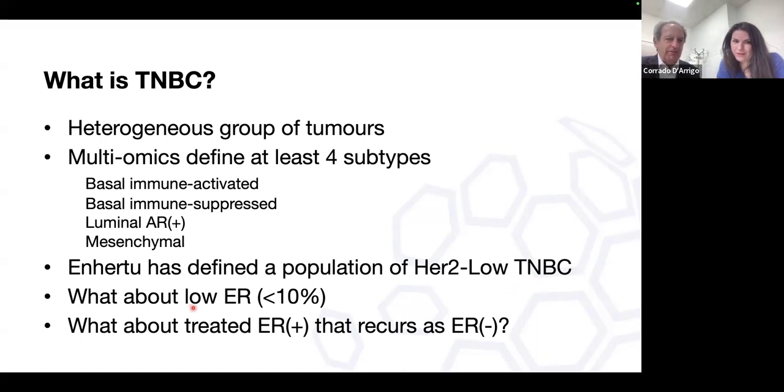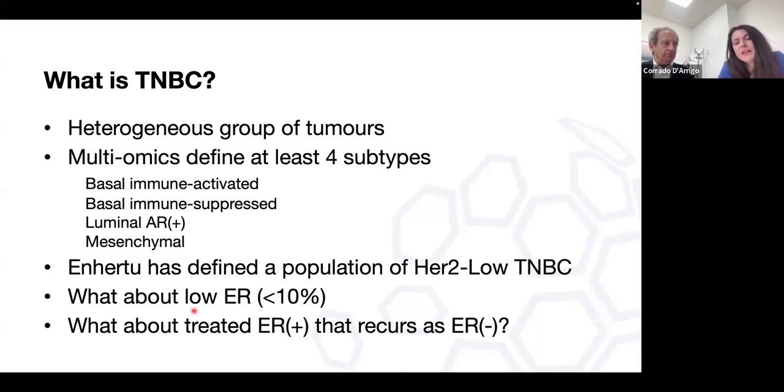What about the ER low, HER2 negative? It's interesting because we were having a conversation during a breast course about this. At the moment, at least in the UK, for the other indications for triple-negative breast cancer, the oncologists are more likely to use this cutoff of 10%.